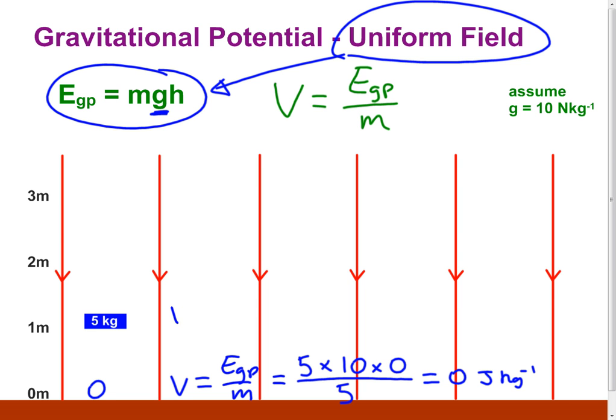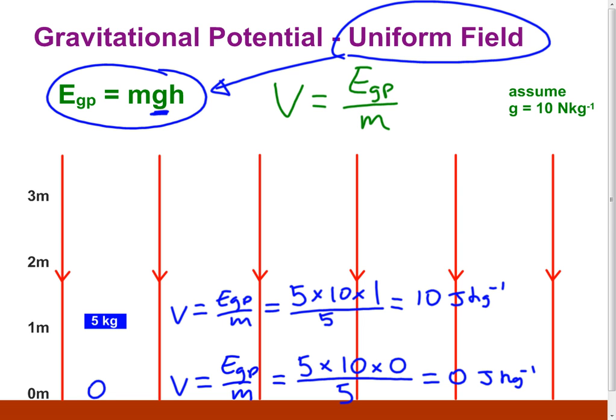So now V is going to be mass 5 times g 10 times h 1, all divided by mass 5, which gives us 50 divided by 5, 10 joules per kilogram. So the potential at this point in the field here is 10 joules per kilogram.